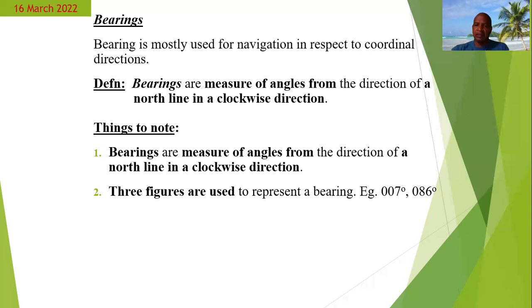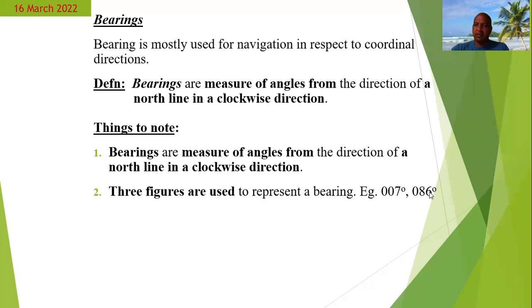All right, but in bearings, you write it with 3 figures. And if you want to write the bearing of 86, or an angle of 86, we have to write it as a bearing of 086. So depending on your place value, if your place value would be in the ones column, then you would have to fill in the tens column and the 100 column with 0.